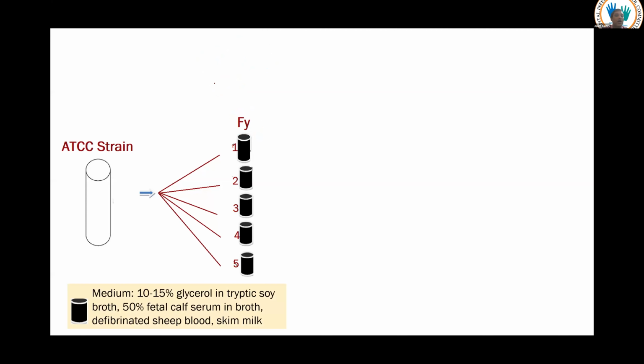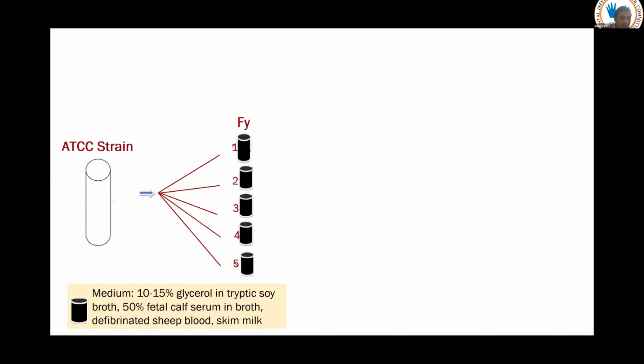In which medium do you make the stock culture? The most commonly used medium is glycerol broth. Otherwise, you can use 50% fetal calf serum or defibrinated blood. All that you can use.